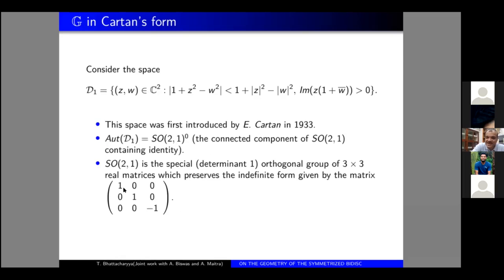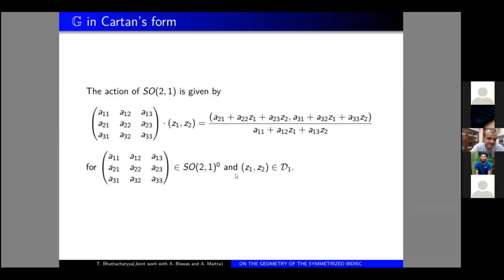And this (2,1) stands for the fact that it preserves a certain form. The form is 1, 1, minus 1. So 2 positive and 1 negative, an indefinite form. It preserves this indefinite form. And of course, you immediately see that it's really SL2(R) in disguise, so that it's the automorphism group of D. Now that encourages us more.